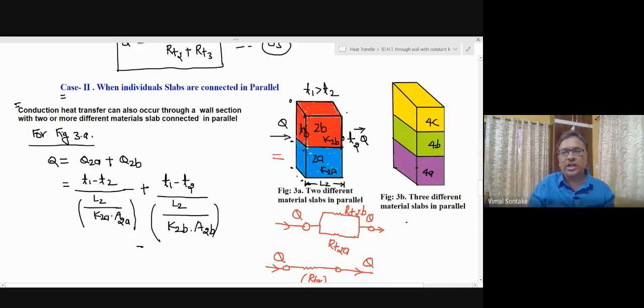Let us say the entire left hand side face is at temperature T3 and the entire right hand side face is at temperature T4, such that T3 is greater than T4. So by virtue of this, heat transfer will take place from the left hand side to the right hand side face. And let's say the thickness of this wall is L4.